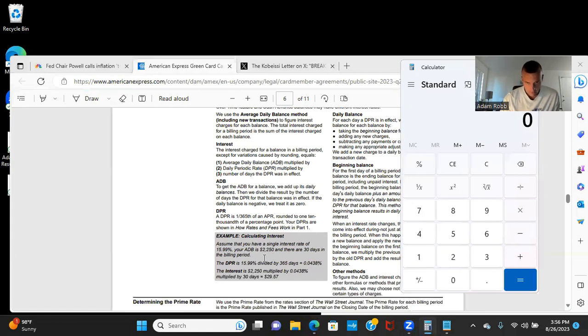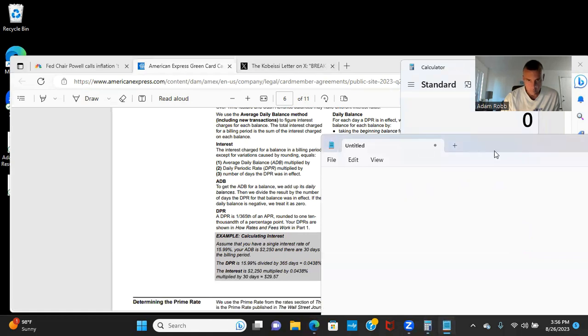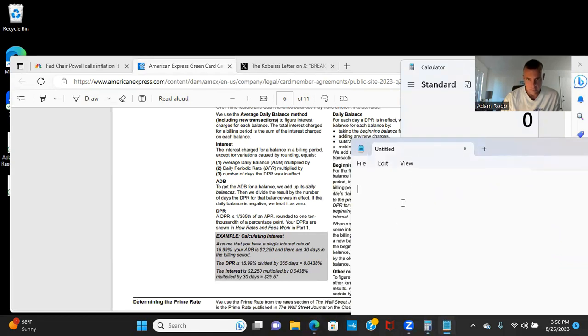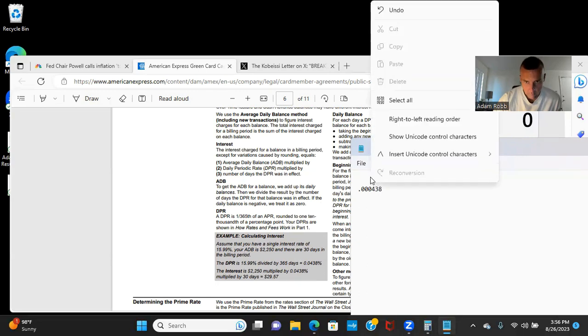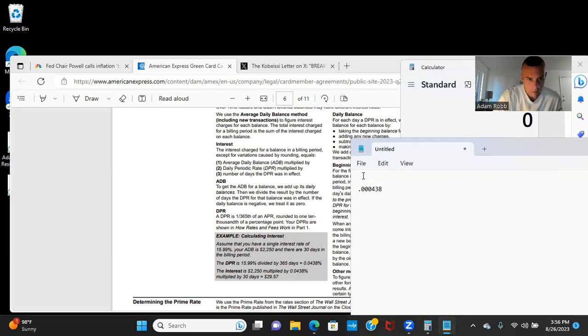So that would be 0.0438%, and in decimal form it would be 0.000438. And they have the 2250, and then 30 days in the cycle.